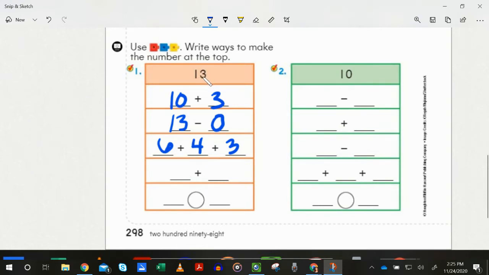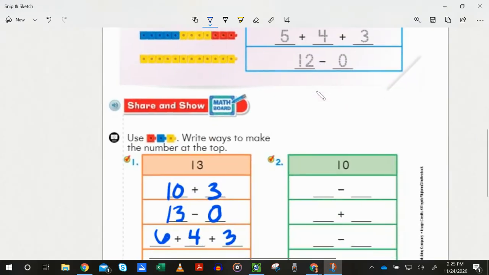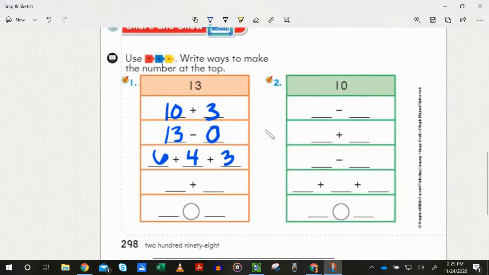Well, 13 is an odd number, so I'm not going to be able to use a doubles fact, but I could use neighbor numbers. Remember, the doubles fact to get to 12 was 6 plus 6. We saw that here. So what would it need to be to get to 13? If I start at 6, 6 plus 6 is 12, so 6 plus 7 would be 13.